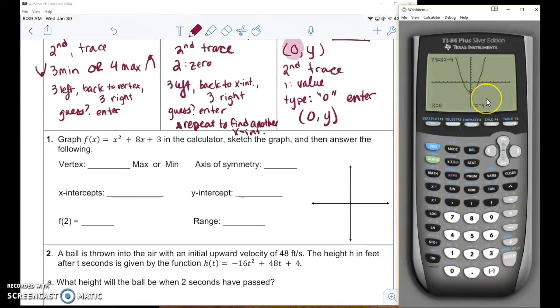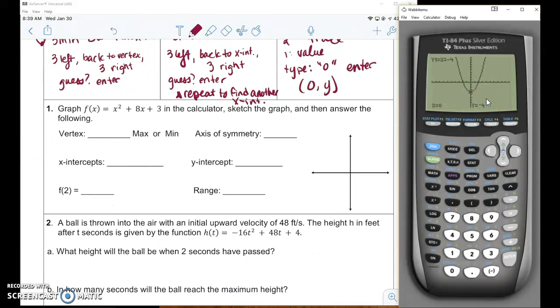Okay, take a look at number 1. Graph f of x is equal to x squared plus 8x plus 3 in the calculator. Sketch the graph and then answer the following. Alright, in my calculator, I need x squared plus 8x plus 3.